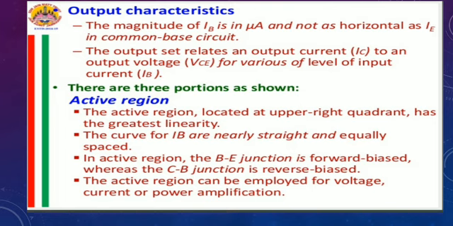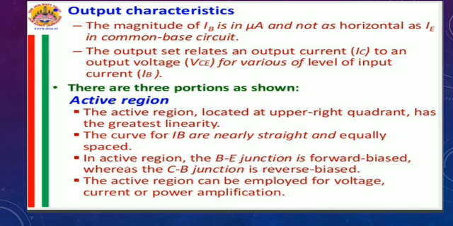See the first one, the magnitude of base current in microampere, and not as horizontal as the common base circuit. Now the output set relates an output current, the collector current. See, this IC is nothing but the collector current, to an output voltage, collector emitter, for various levels of input base current.